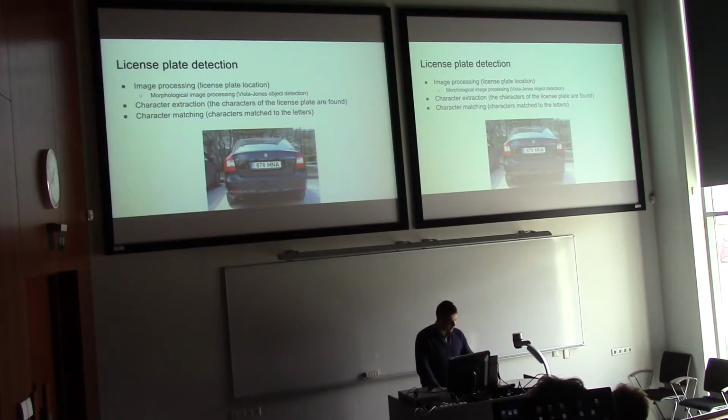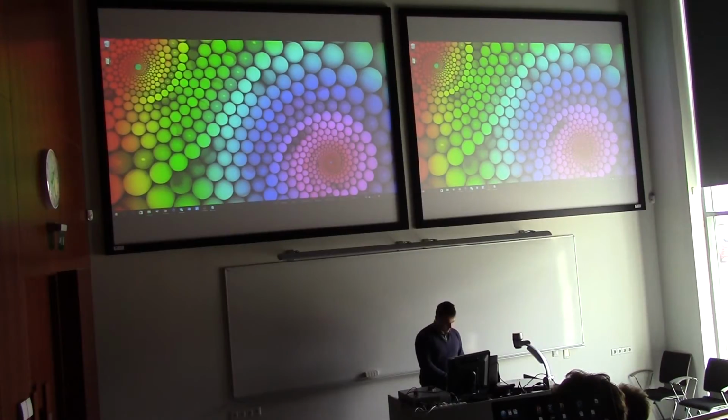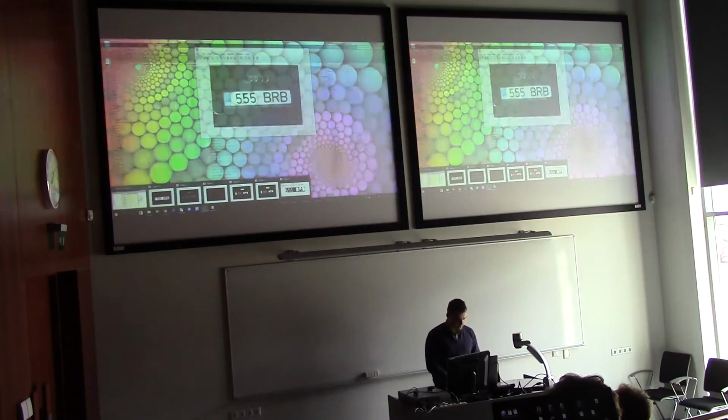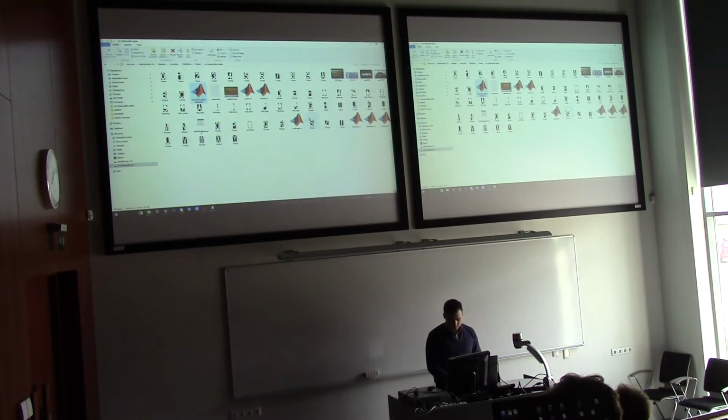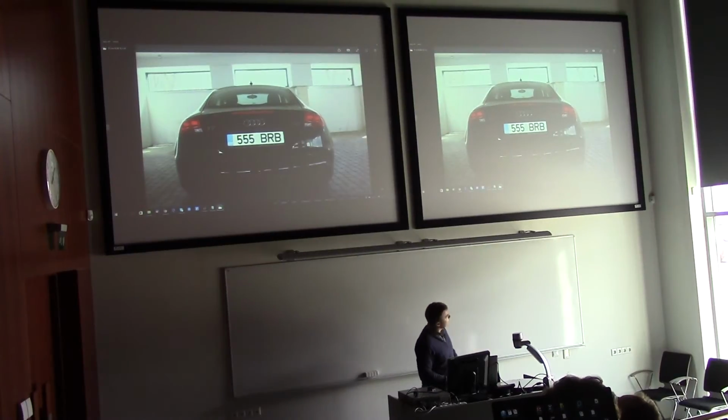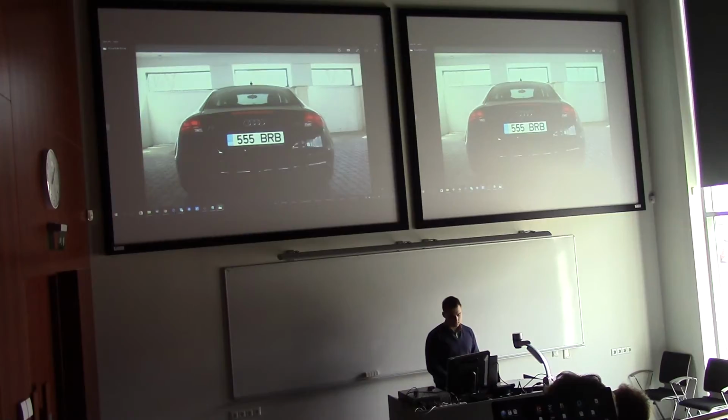And actually, we have some example code for our own database that we made. So, if I have an image like this, then with Viola-Jones, we want to first detect and then crop out this number plate area.